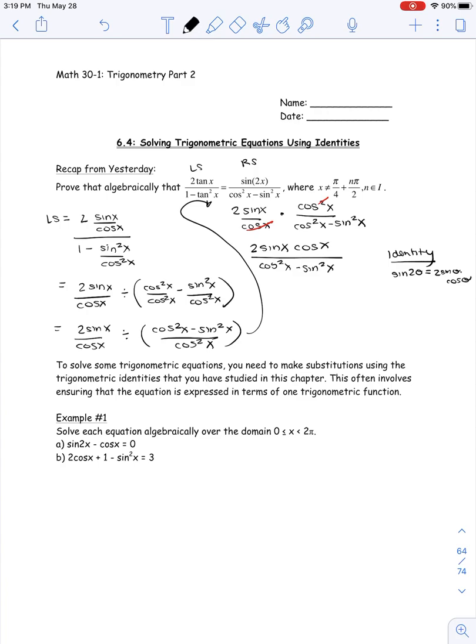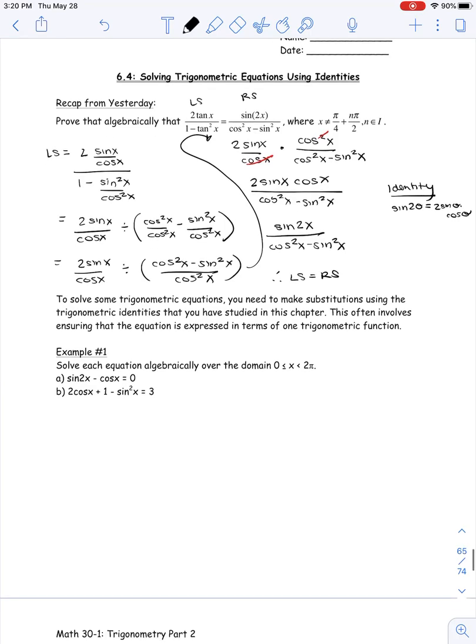As you can see at the top, I have the right side, so I'm going to rewrite it as sine 2x. Now it equals the same as the right side, therefore left side equals right side, and I've just proved that the identity is true.